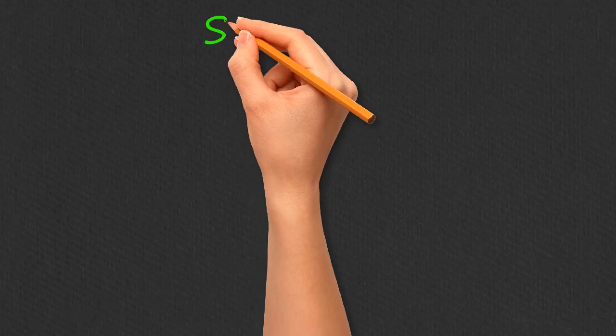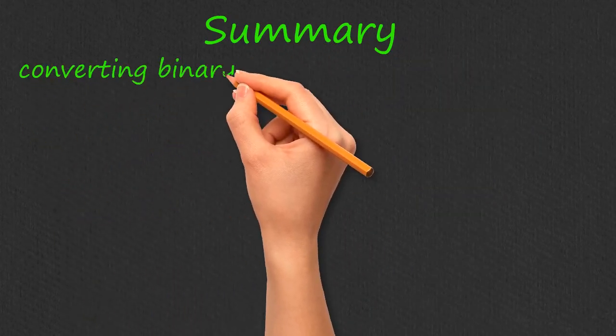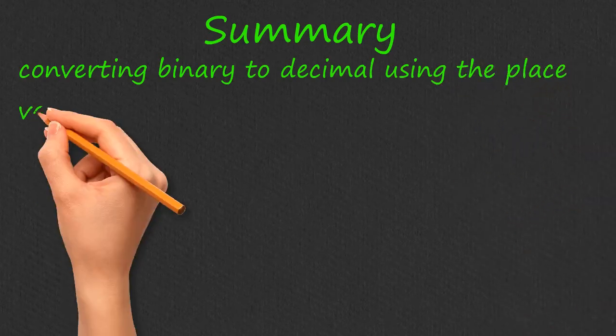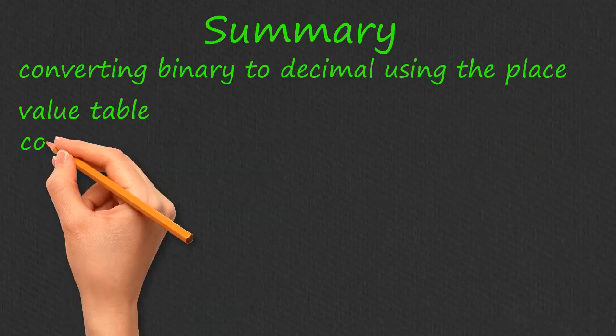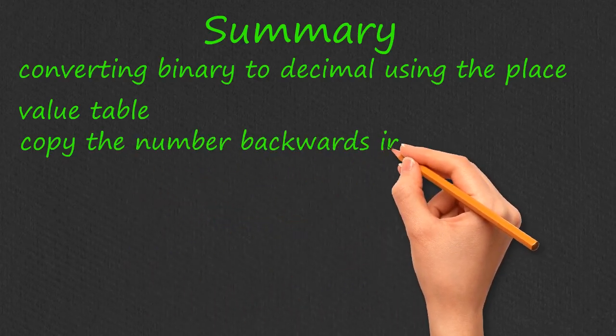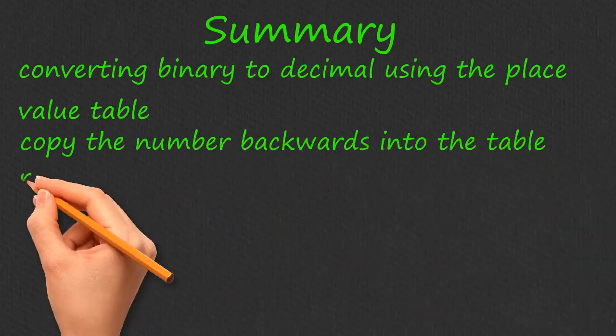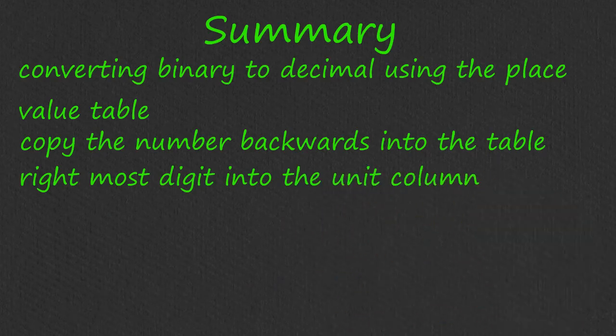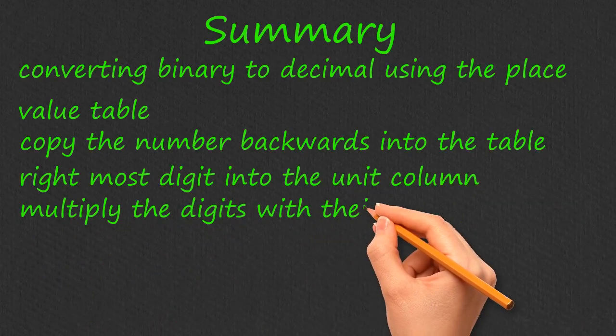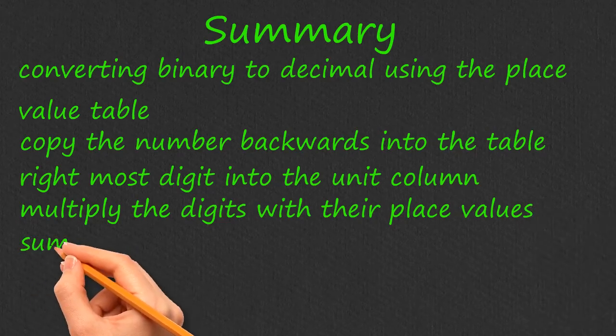Now let us summarize what we learned in this video. We have learned that converting binary numbers to decimal numbers can be done using the binary place value table. First, we place the binary number into the table in a kind of backwards way, starting with placing the rightmost digit into the unit column. Then we multiply the individual digits with their place values and sum them up.